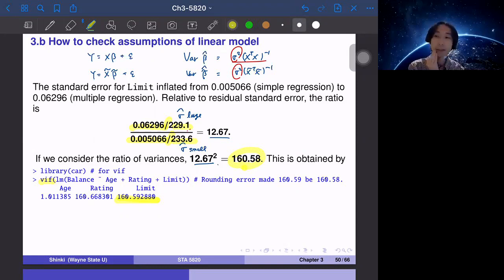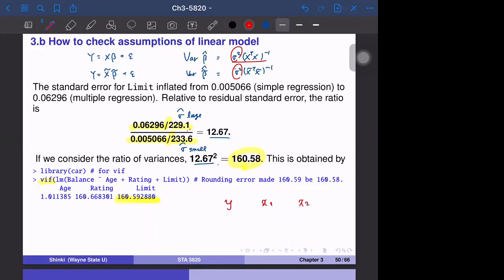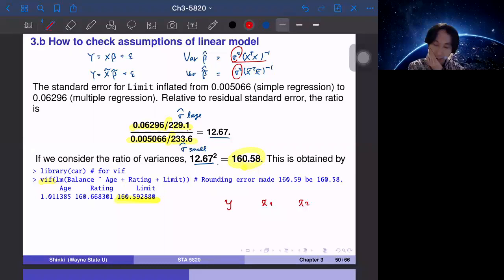Yes, that's true, that makes sense. So we have three quantities, y and x1 and x2. Yes, you can say that, I think that's a similar concept.